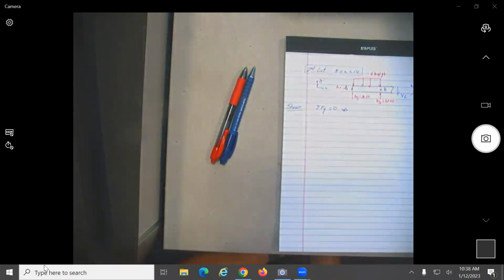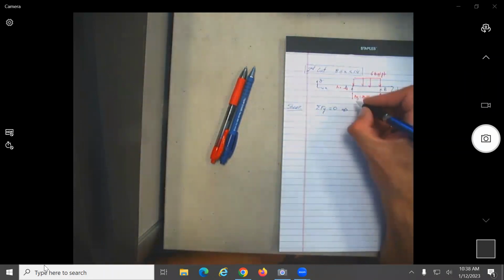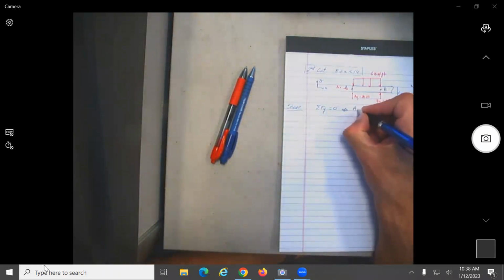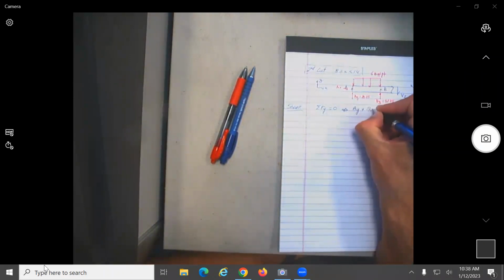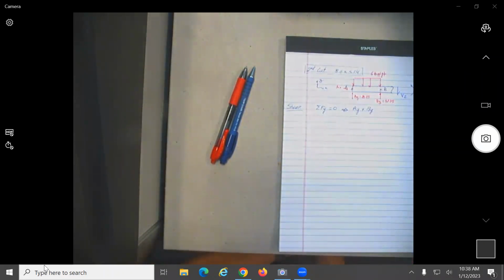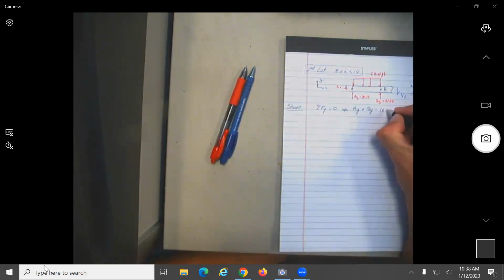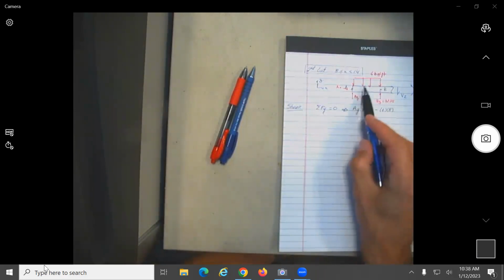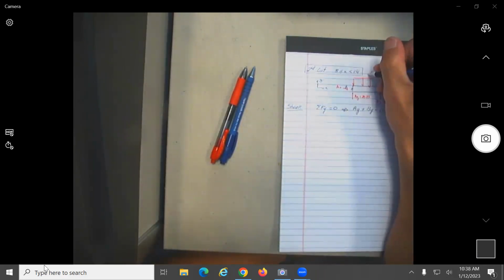Summation of forces on the Y. That will give us what? So I'm going to put here AY plus BY minus 48, that will be the 6 times 8, now this one that we can replace over here.